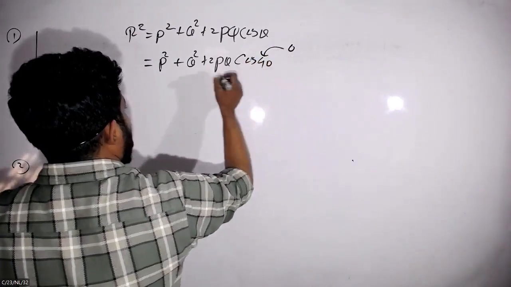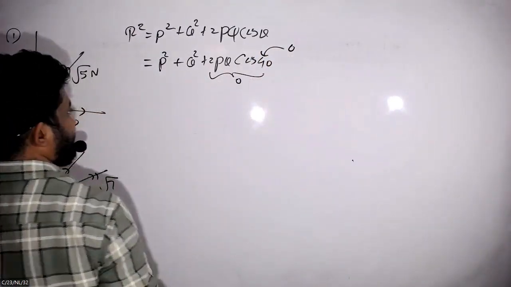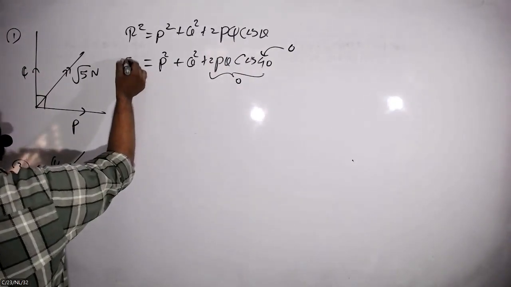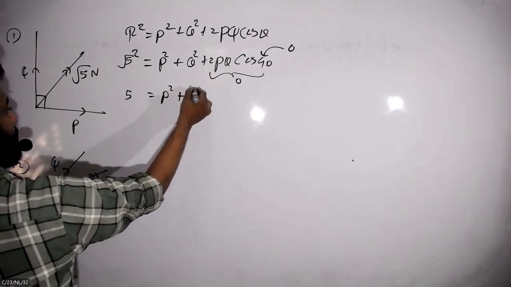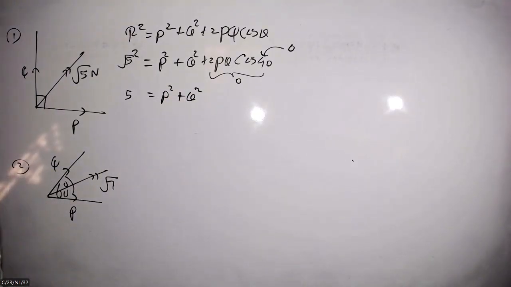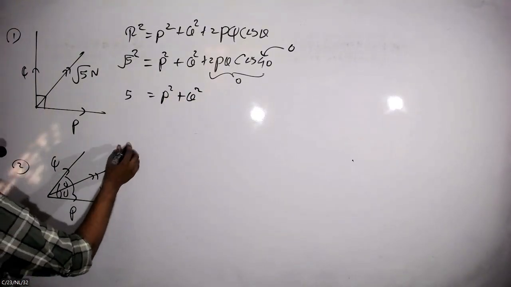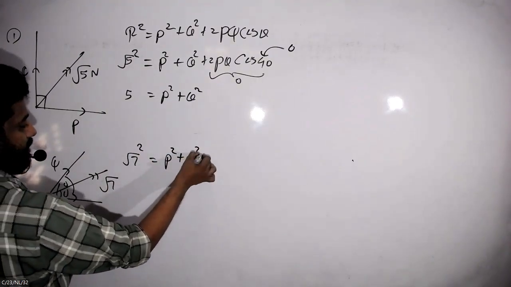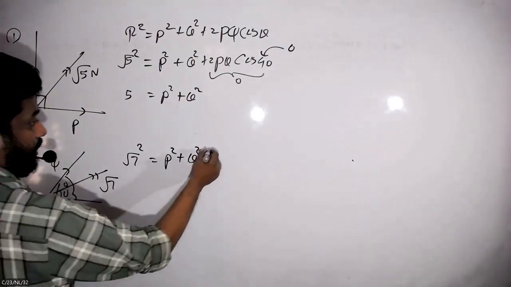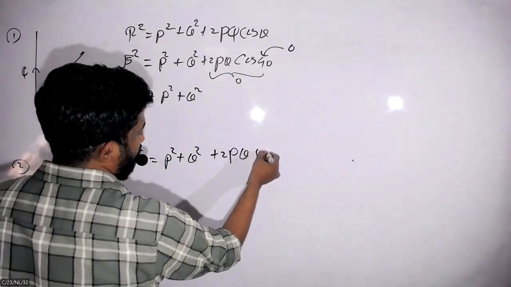Cos 90 is 0, therefore this term is 0, right? Then you can write here root 5 squared, no? 5 is equal to p squared plus q squared. Then you can apply the same equation for the second case, root 7 squared, p squared plus q squared, same magnitude, no? Plus 2pq cos 60.